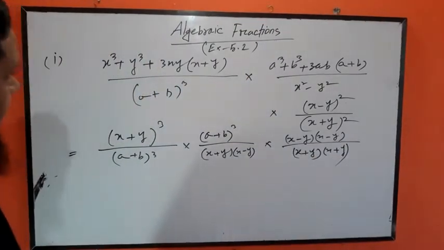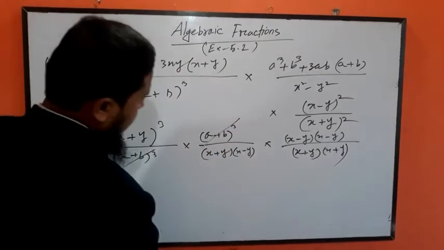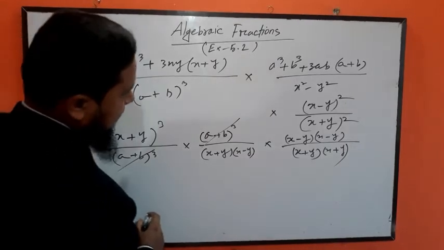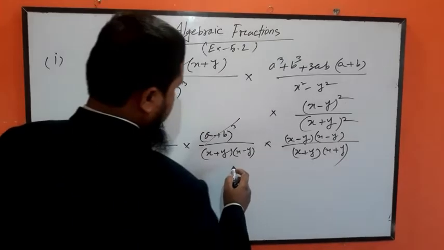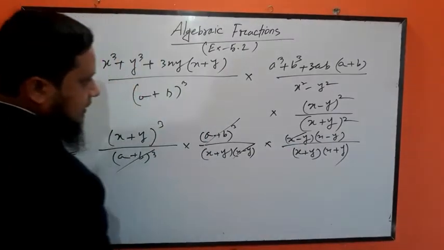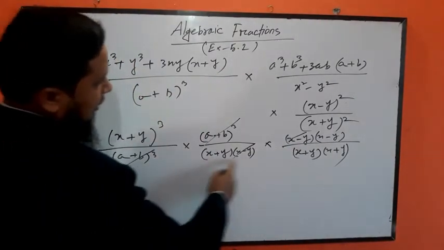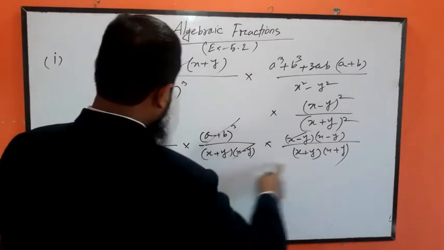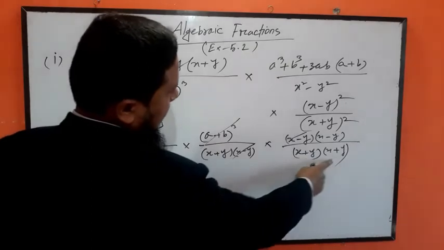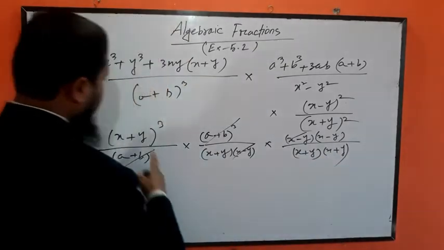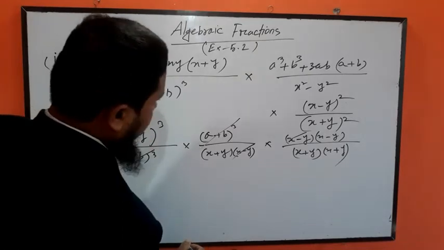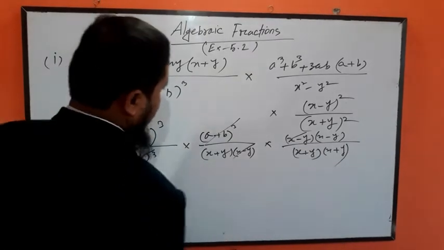Now this is cancelled, and this one, x minus y cancels, x minus y cancels, and x plus y, how many times here? 3 times. This is also x plus y whole cube, x plus y 3 times given, so this is also cancelled, and remaining here only x minus y.